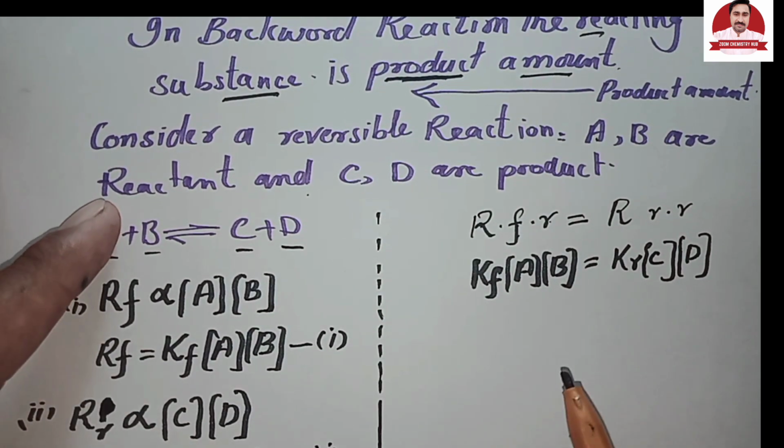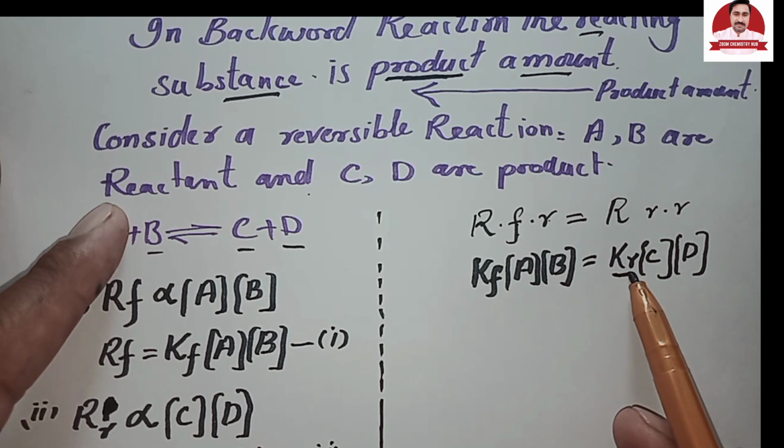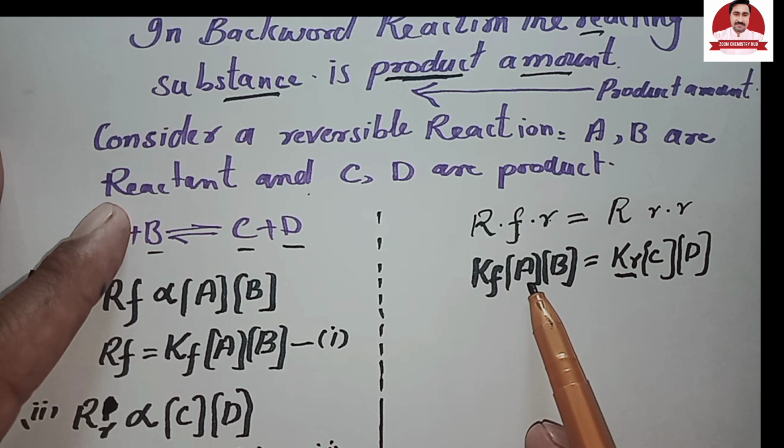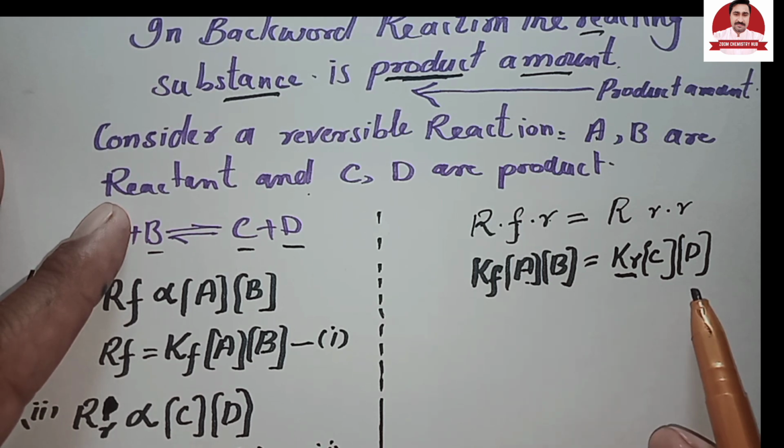Next, we will shift Kr to the left side and the concentrations of the reactants to the right side.